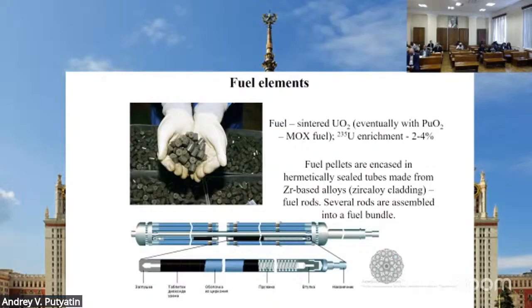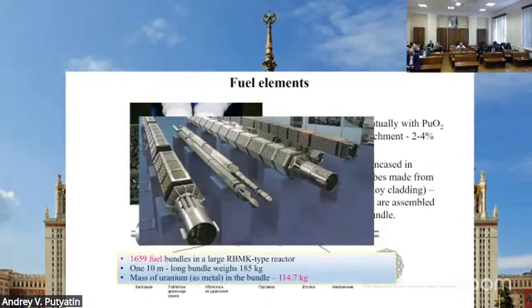And if you look in the perpendicular direction, you will see that fuel rods are separated by so-called spacer grids. Spacer grids are usually made from steel or also from zircaloy. Of course, fuel bundles can have very different shapes. And you see here fuel bundles made for different VVER reactors, for RBMK and so on.